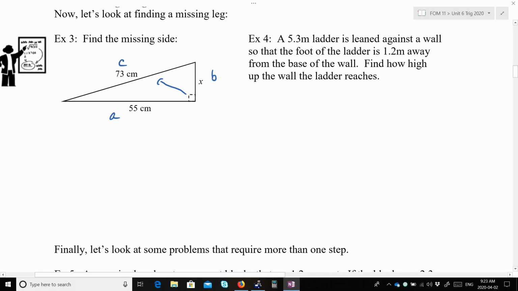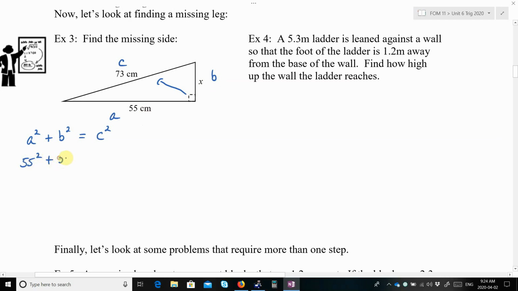And so this time we will go a squared plus b squared equals c squared. And the reason I wrote it like that is because we know c, and our unknown letter is actually now on the left side of the equation. Our unknown is b, right, because it's labeled as x. So a is 55, so I put 55 in for a.